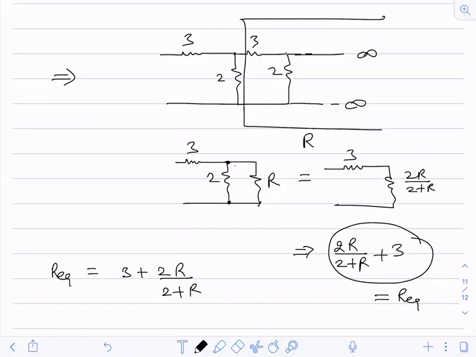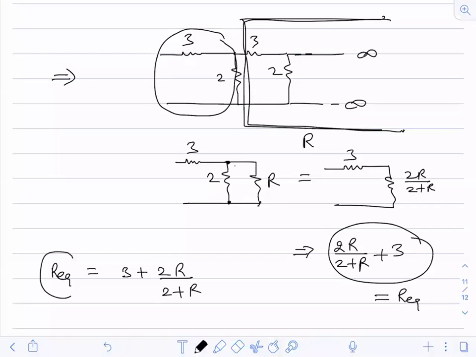Now, I had assumed this part as an infinite series and written its resistance as R. If I'm adding this portion to the infinite series, will the value be different or the same?